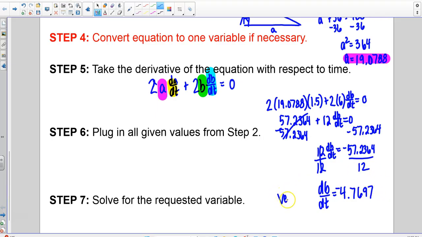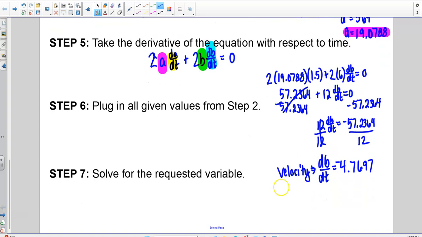This is velocity. The question asked us for speed, which is just going to be positive 4.7697. What are our units for the problem? B is the length of the side. What's that measured in? Feet.